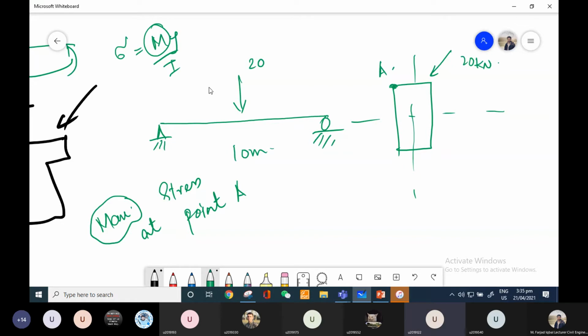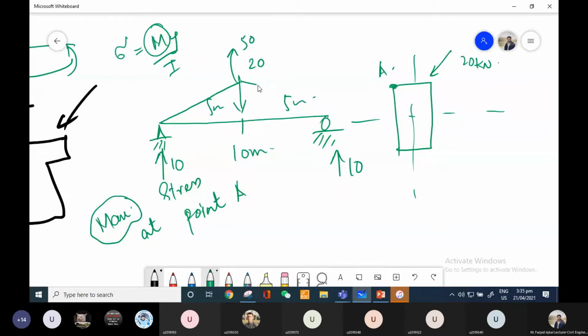So what will be the value of that maximum movement? 20, sir. I have to solve this one. That will be 10 if this is acting in the center, obviously. 50. Okay, so in that particular case, the maximum movement is 50, right? So I will say that the movement is 50.